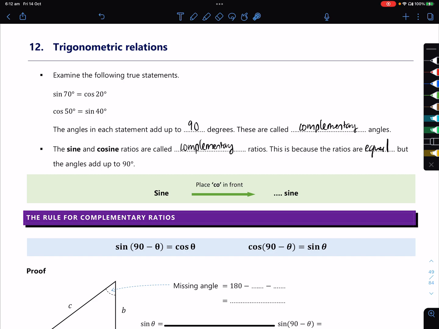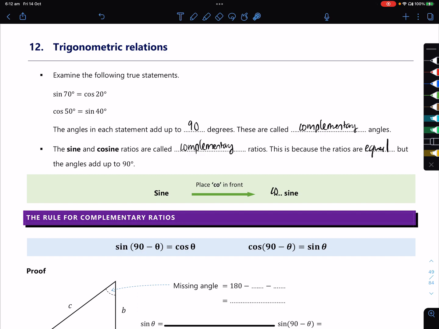To find the complementary ratio of sine, we place a co in front of it, and that will become cosine. So that's how you find the complementary ratio of sine.